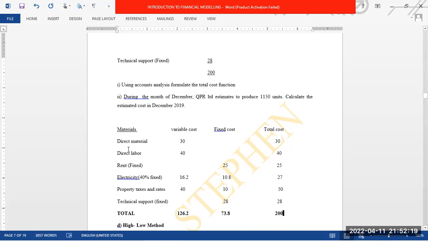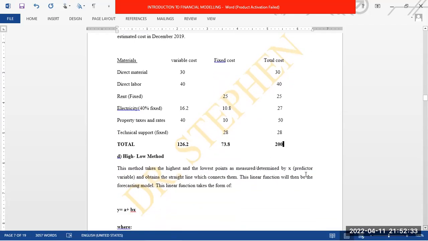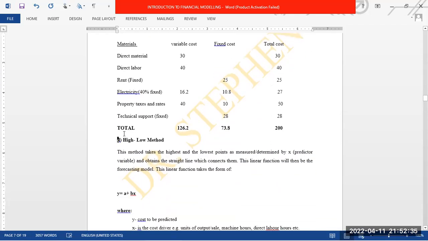So that is how we're supposed to get this question using an account analysis formula, the total cost function. For you to get the total cost function, here is the formula. Let me just clear this to give us more space.